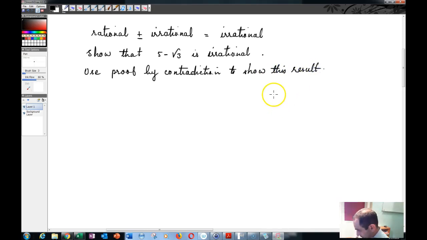Now, in order to use proof by contradiction, let us assume that 5 minus square root of 3 is rational.